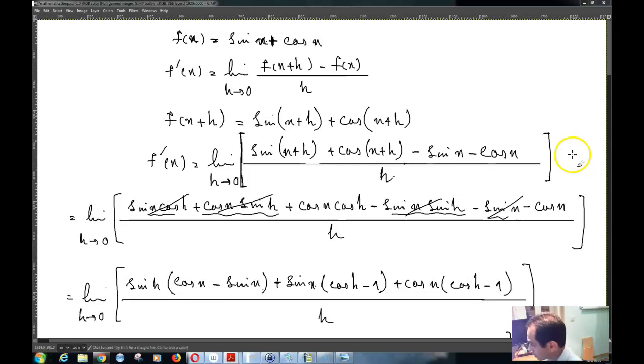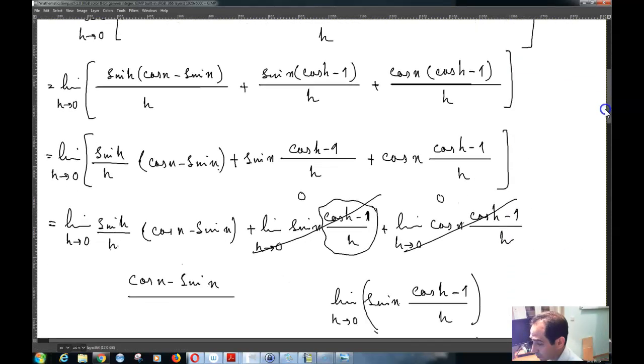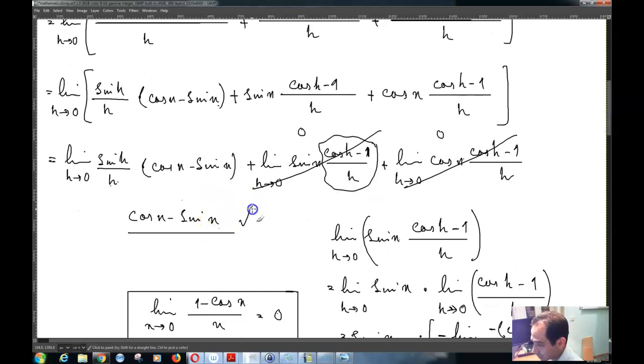Cos x minus sine x is the right answer. I was looking at the solution for the second problem.